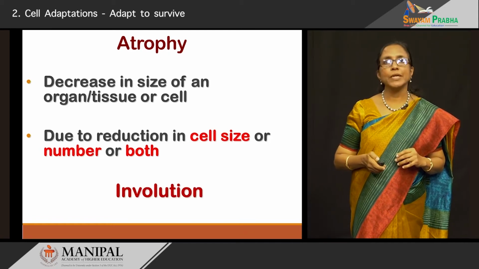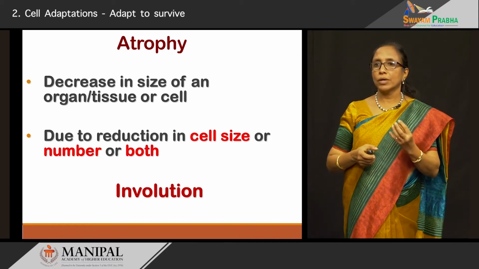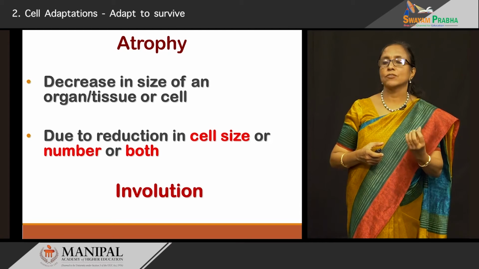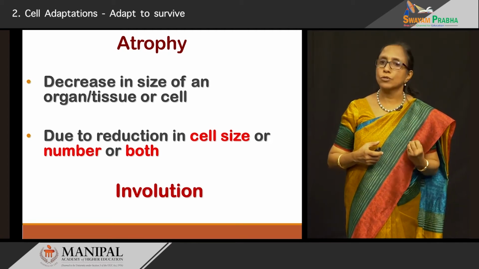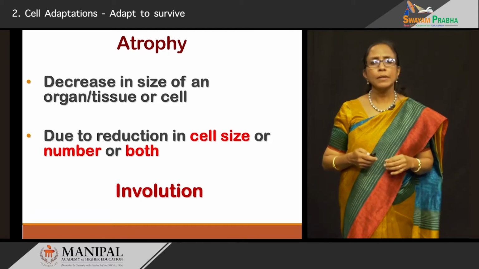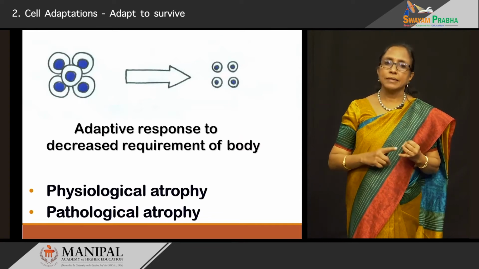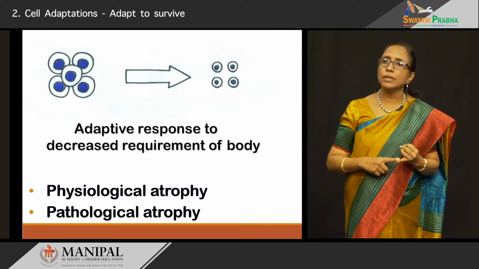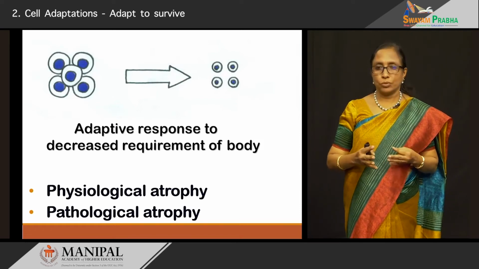Another word that we also use is involution. When we talk of an organ that has reduced in size or shrunken in size, we use the word involution also. So that is another term to remember. Now coming on to what it is: as I said, it is decrease in the size of the organ, decrease in the size of the cells, and maybe both.